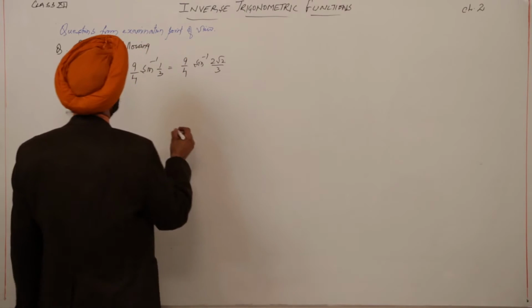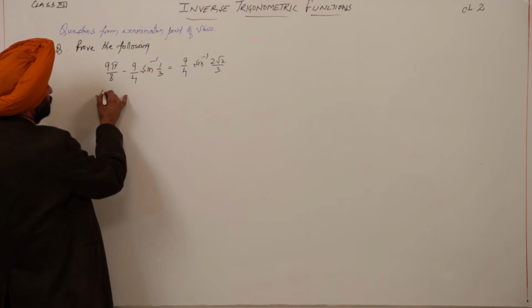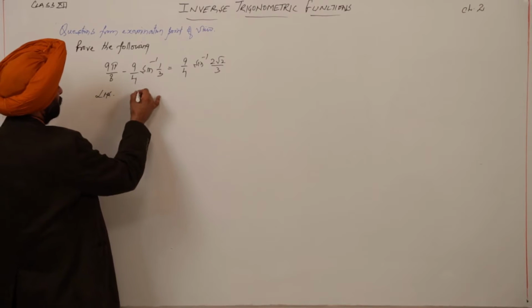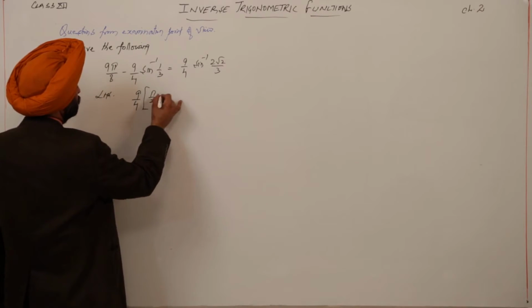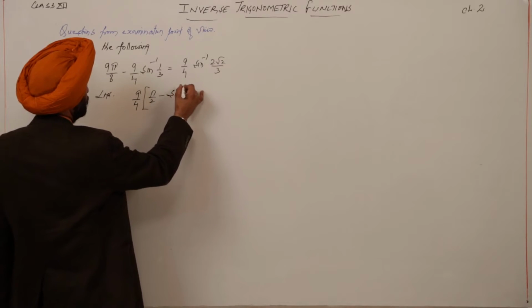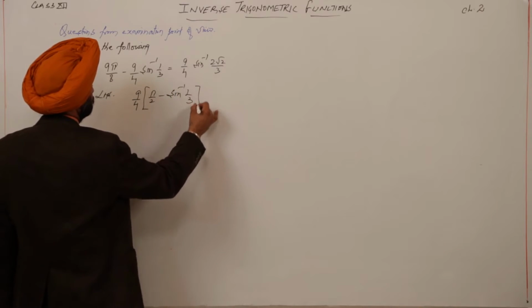Okay. So the first part is the left hand side. 9 by 4 I am taking common, and we are having pi by 2 minus sin inverse 1 by 3.